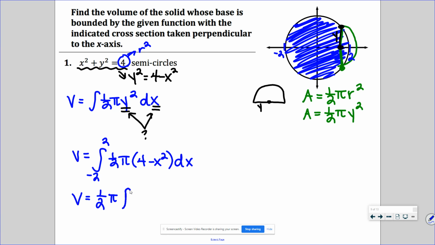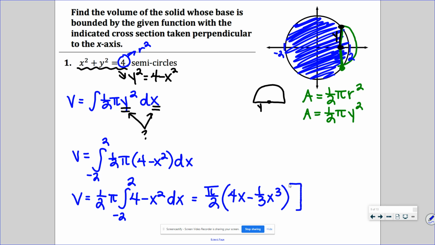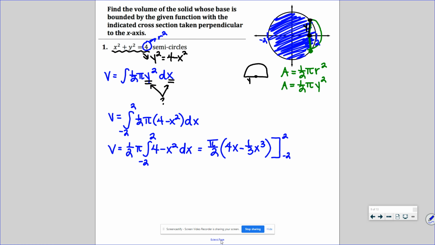The last thing I'm going to do before I take my antiderivative is move any constant values to the outside so they are out of my way. Now we can go ahead and integrate. So we have antiderivative of 4 is 4x, and then this would be 1/3 x to the third. Evaluate from -2 to 2.